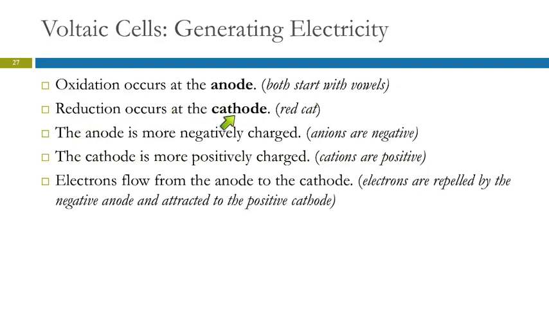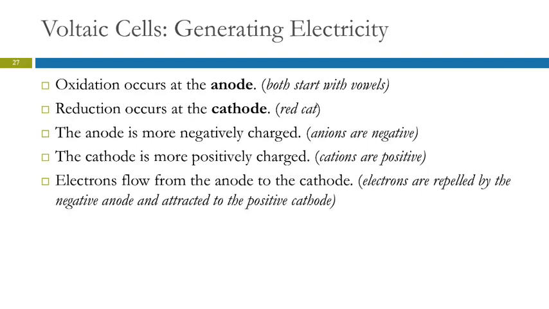Reduction and cathode start with consonants, or you could think about a red cat, right? Reduction at the cathode, a red cat. The anode is more negatively charged, and we can remember this by remembering that anions are negative. So the anode is negative. The cathode is positive, cations are positive.